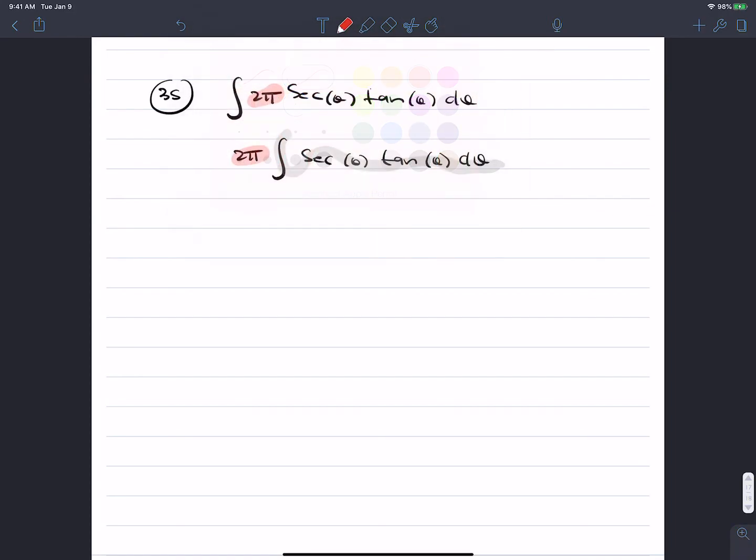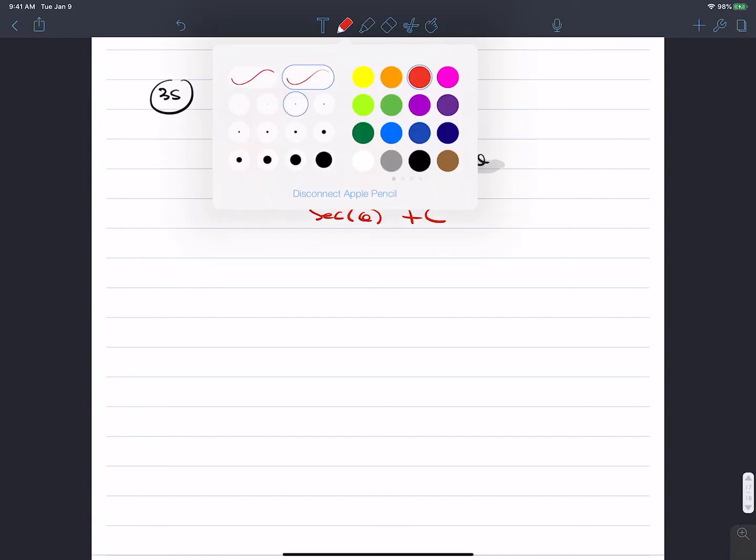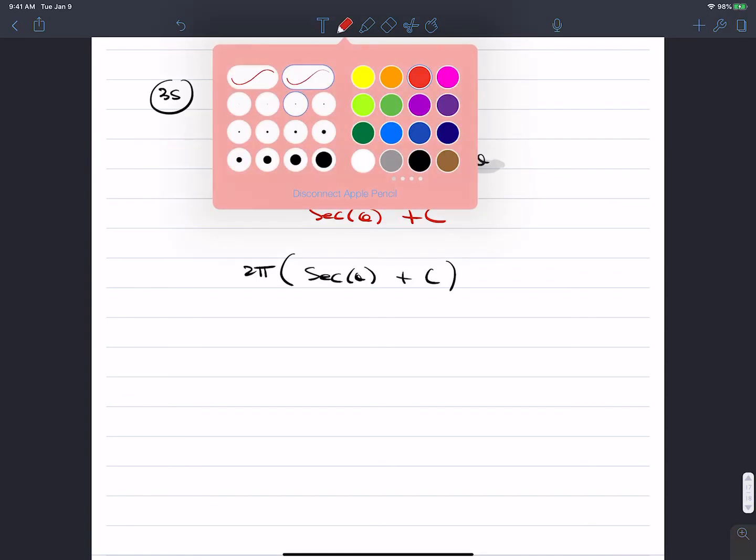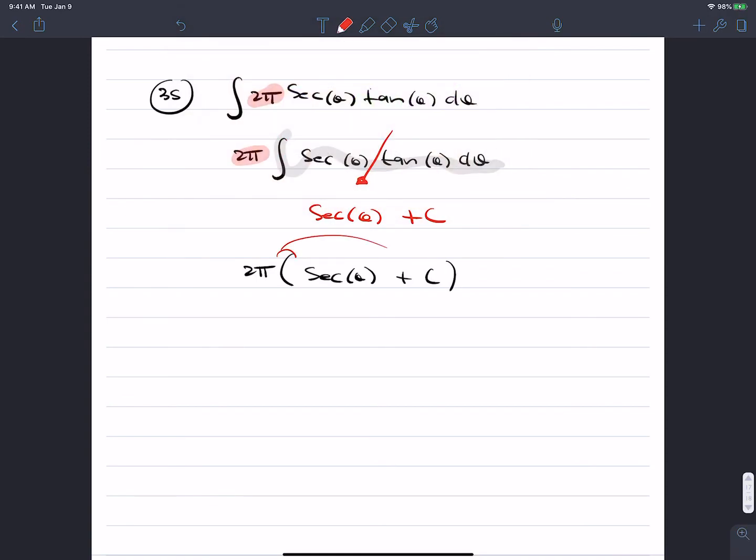So we can write this down. That's secant theta. And don't forget to add your c. But when you bring everything down here, you say, is this 2 pi times secant theta plus c? The answer is yes. We'll go through the details. Yes, you multiply. I should say we distribute. And you'll get 2 pi c.